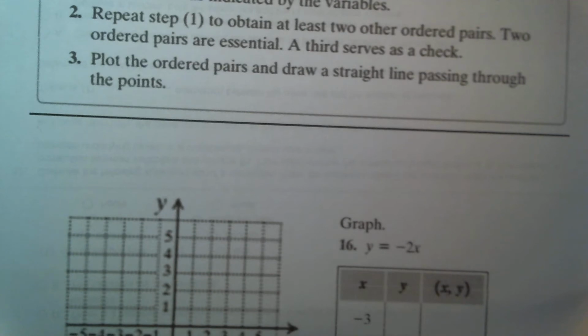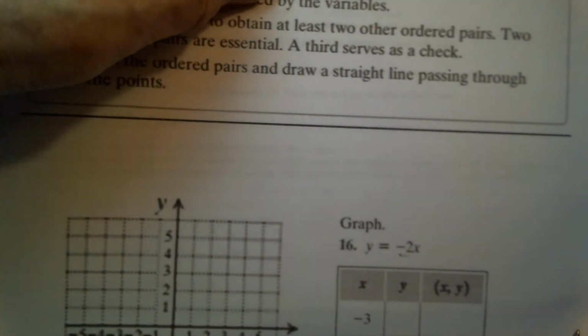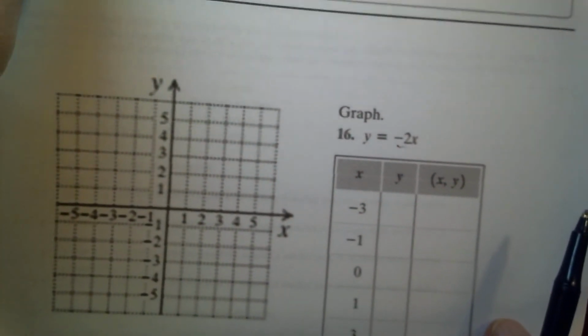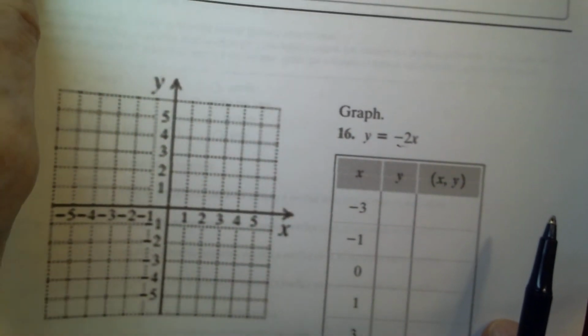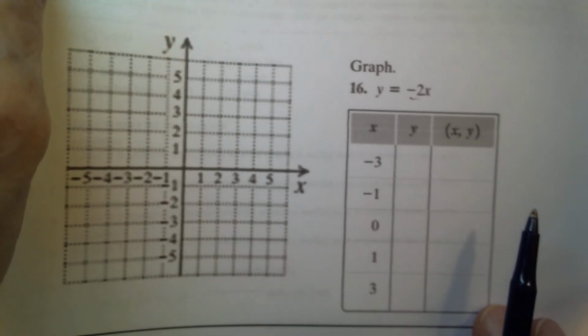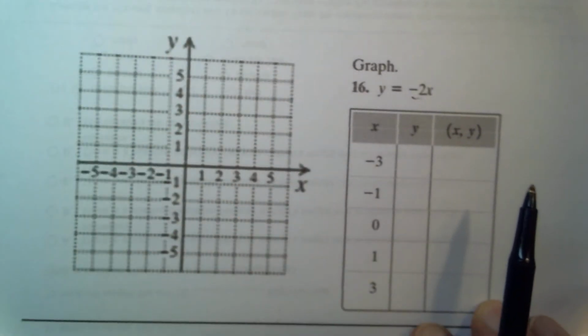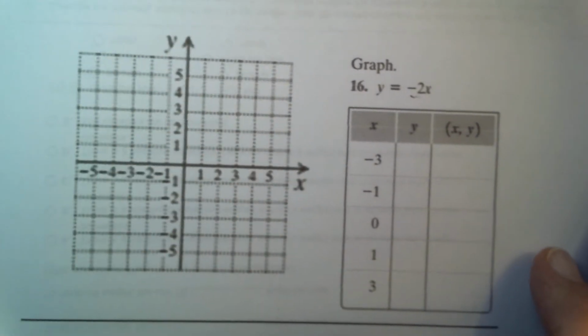And so here the exercise says graph the equation y equals -2x. So now in this example, the values for the variable x are already suggested, so we don't have to think about what to use.